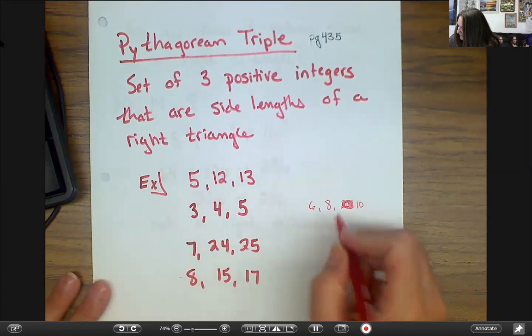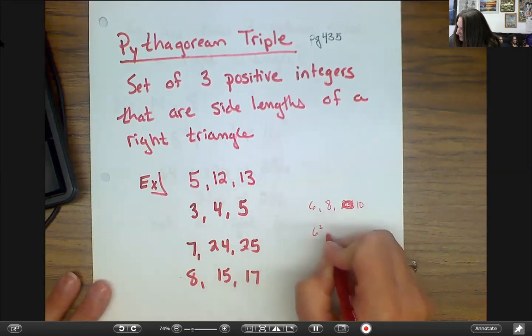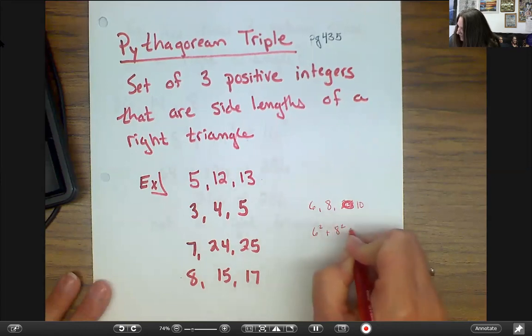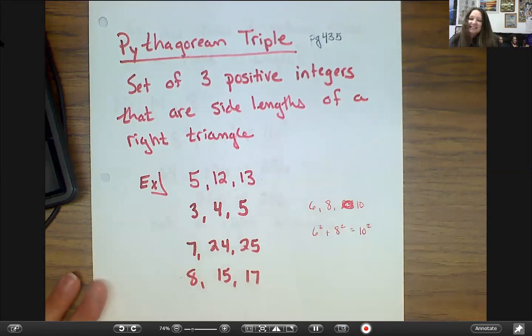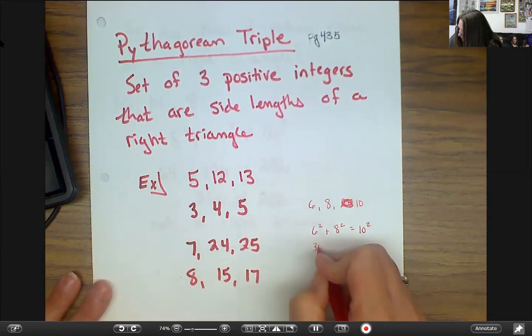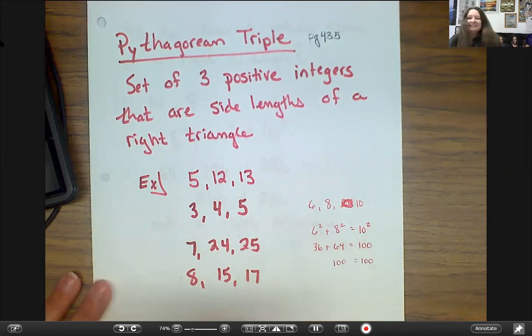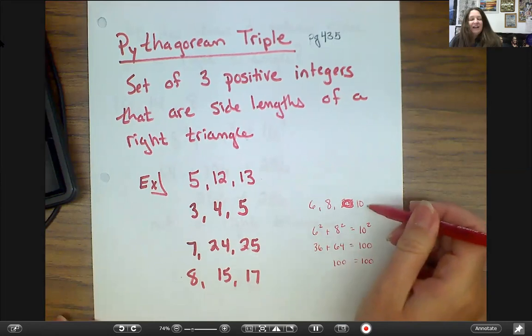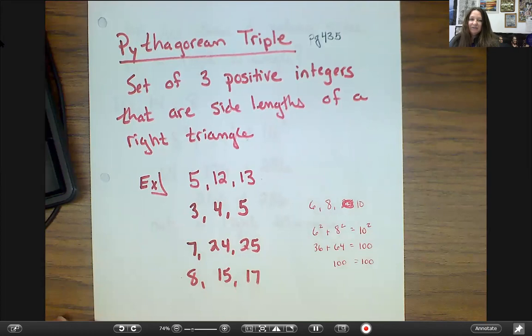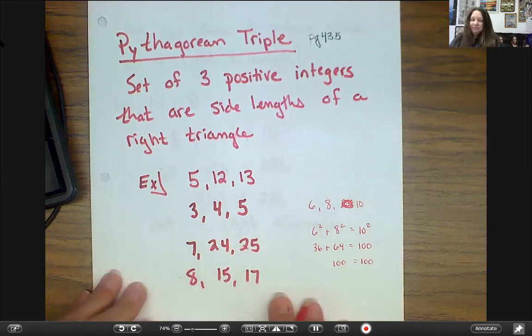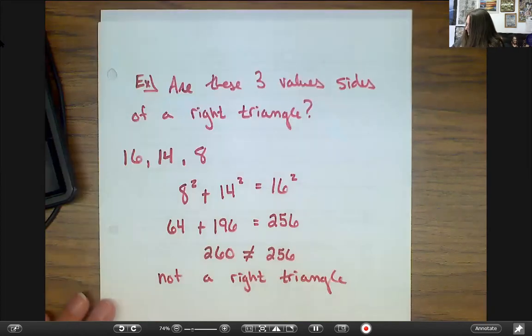And again, if we plugged into Pythagorean theorem, 6 squared plus 8 squared would equal 10 squared, or 36 plus 64 does equal 100 exactly. So you can see that this would make Pythagorean theorem equal. So these are definitely values of a right triangle, and then since they are all integers, they would be a Pythagorean triple.